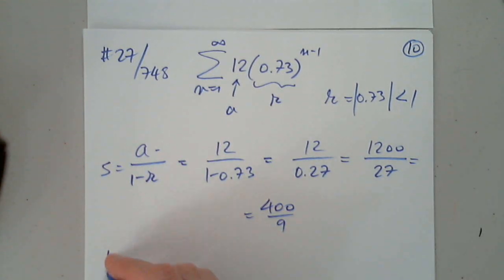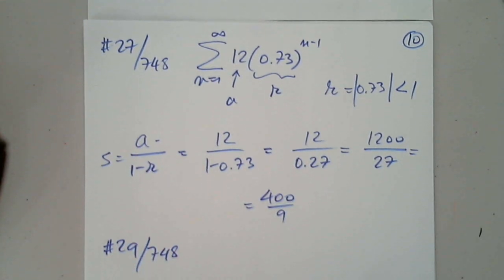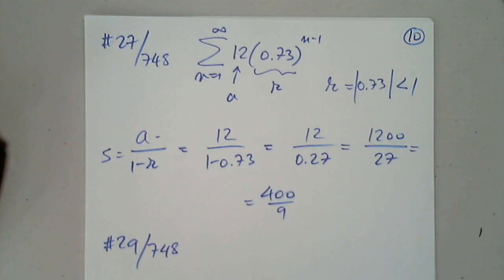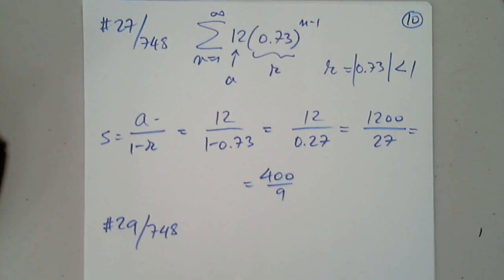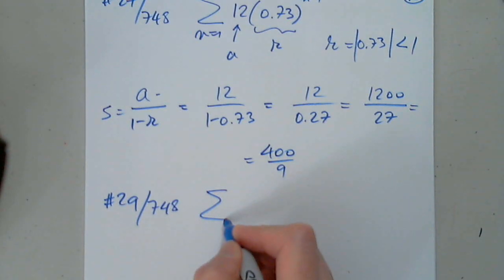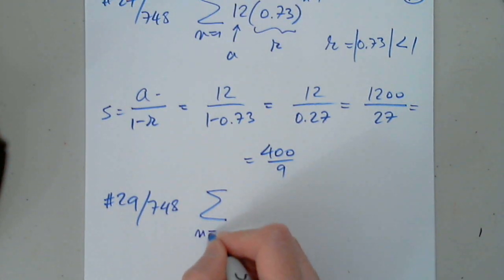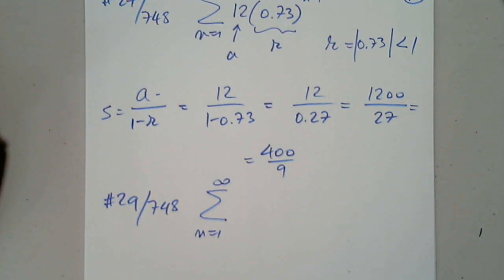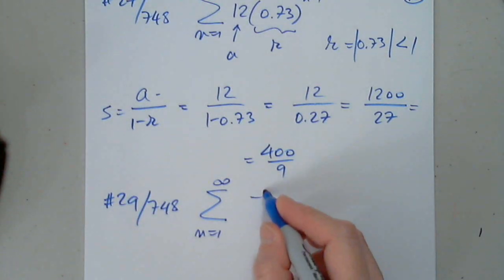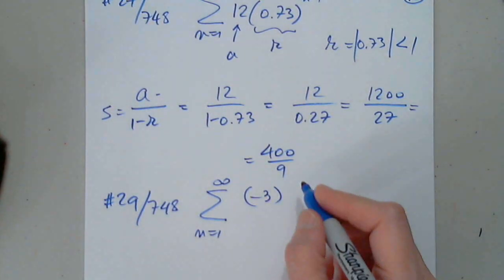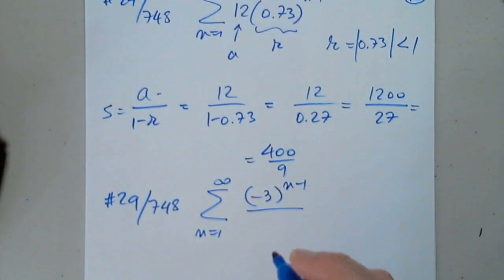Moving on to 29 on 748. So here we have the sum from n equals 1 to infinity of negative 3 to the n minus 1 divided by 4 to the n.